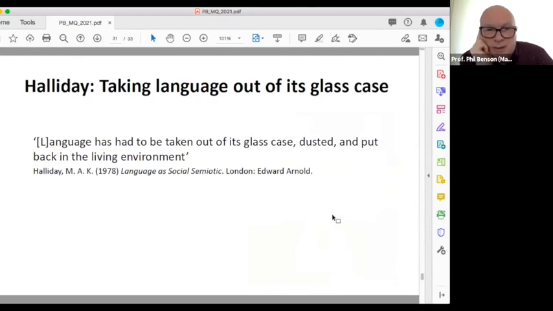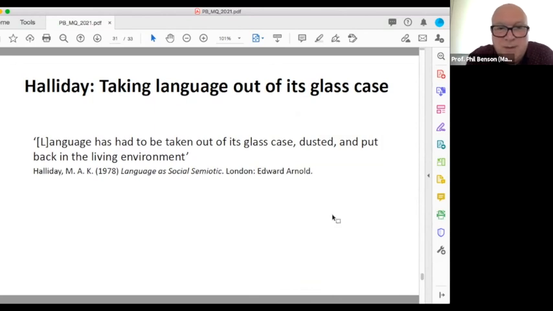Halliday, I think, is more interesting in the sense that he put forward quite consistently during his writing the idea that language has to be taken out of its glass case, which I think is quite an interesting metaphor for taking it out of its self-containedness, dusting it and putting it back in the living environment.